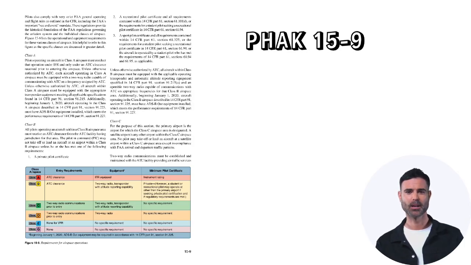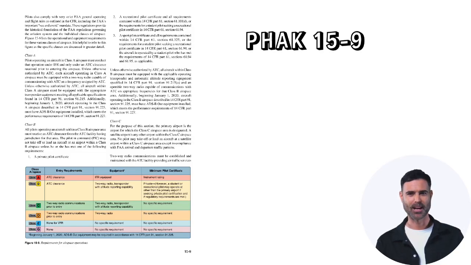Additionally, beginning January 1, 2020, aircraft operating in the Class B airspace described in 14 CFR Part 91, Section 91.225 must have ADS-B out equipment installed, which meets the performance requirements of 14 CFR Part 91, Section 91.227.